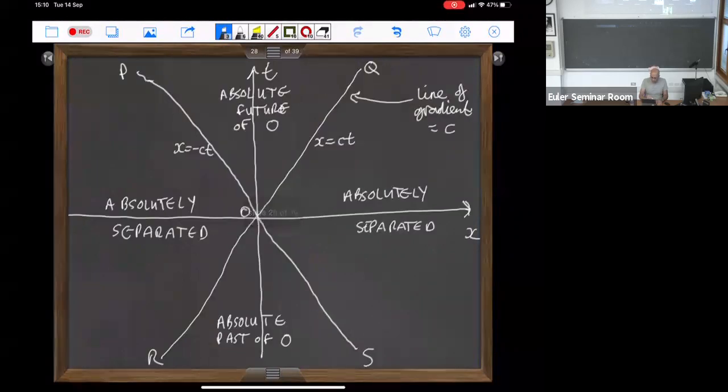So signals can only reach O if they originate in the absolute past of O. That's another way of saying it.